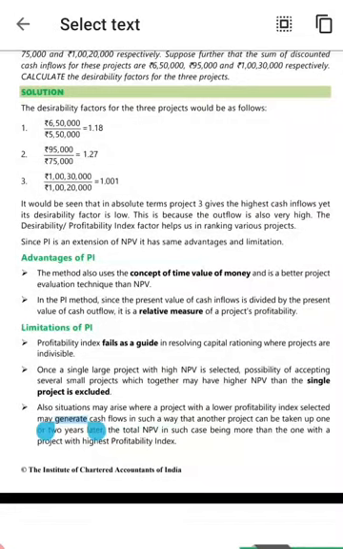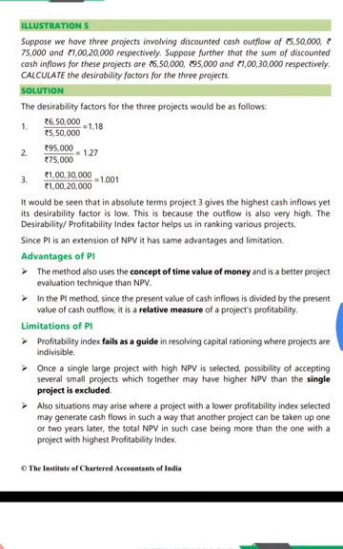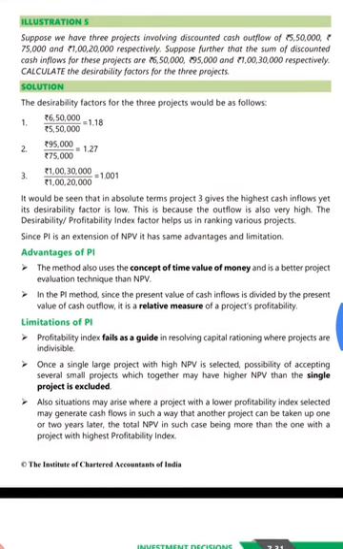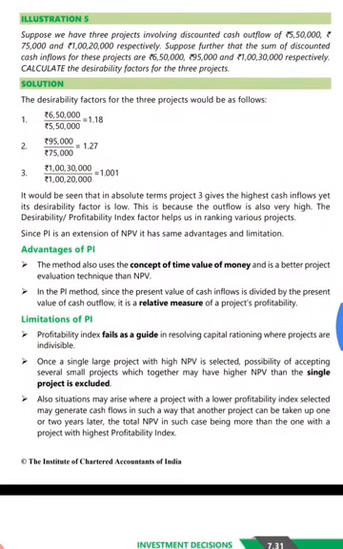Suppose further that the sum of discounted cash inflows of the projects are 6,50,000, 9,50,000 and 10,30,000 respectively. Calculate the desirability factors for the three projects.